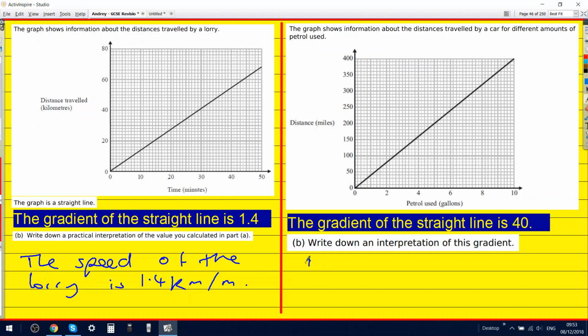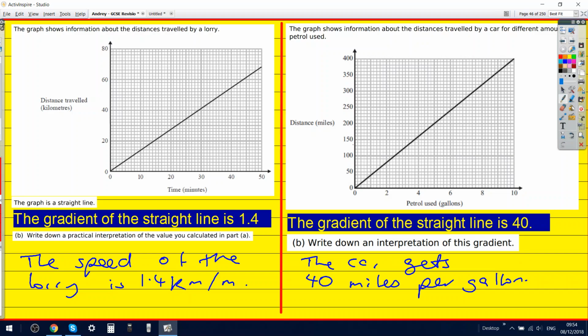Okay, so the car says 40 miles per 1 gallon. Yeah, 40 miles per gallon. That's it. Ah, come on. My pen is not doing well here.